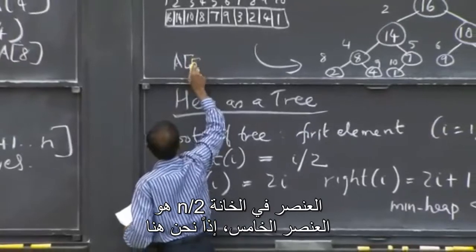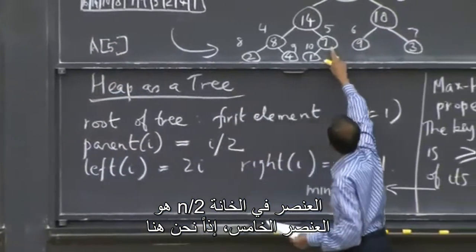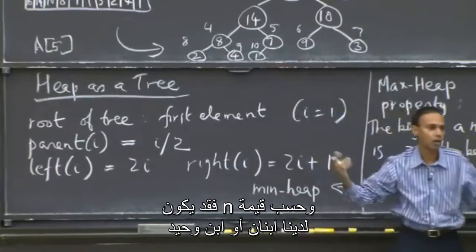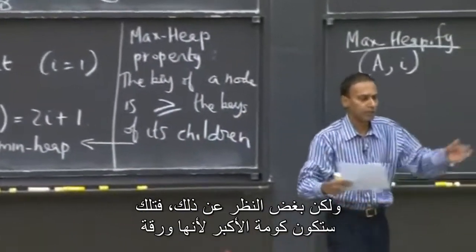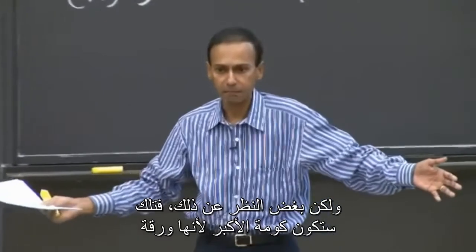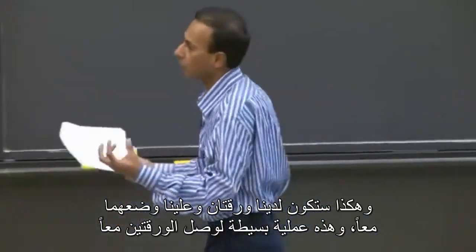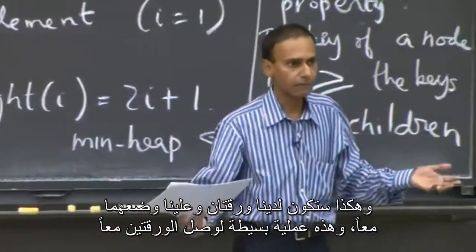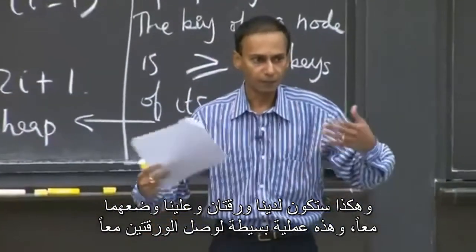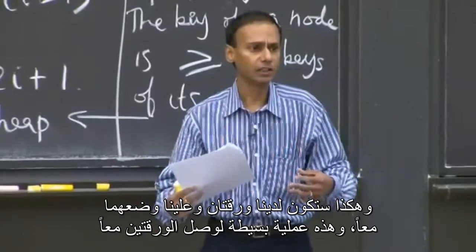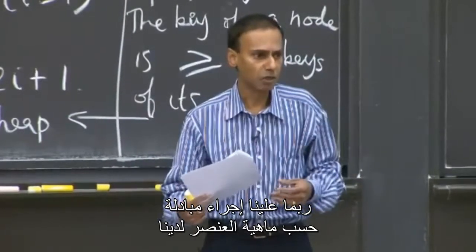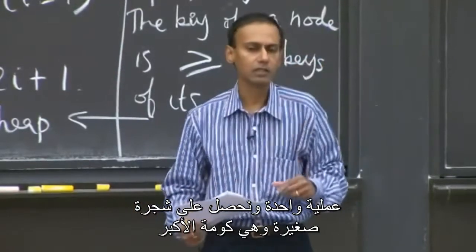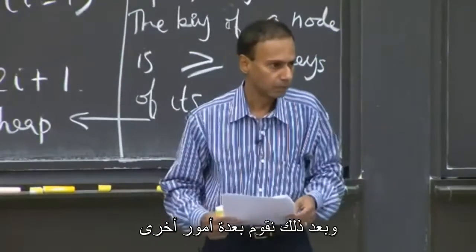Depending on the value of n, you may have either 2 children or just 1 child. But regardless, that's going to be a max heap because it's a leaf. And so you'll have 2 leaves, and you need to put them together. That's a fairly straightforward process of attaching the leaves together. You might have to do a swap based on what the element is. One operation, and you get a small tree that's a max heap.